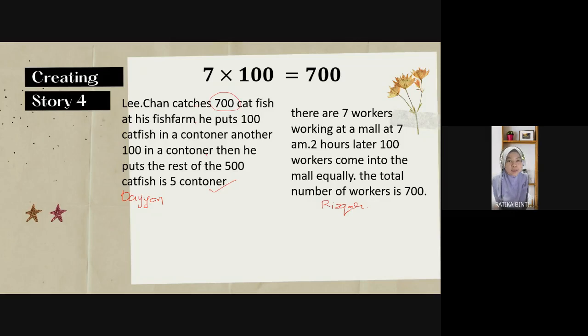So this is memang opposite lah. He puts 100, 100, 100, 100, 100. That is division already. So from this story, the concept is wrong already.